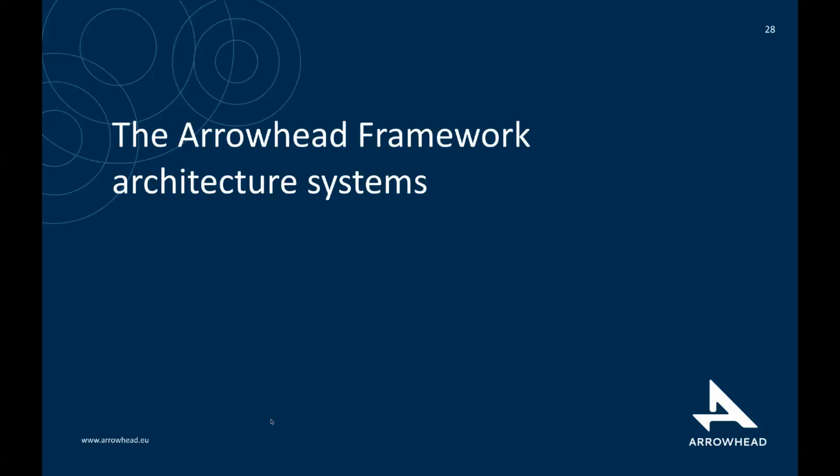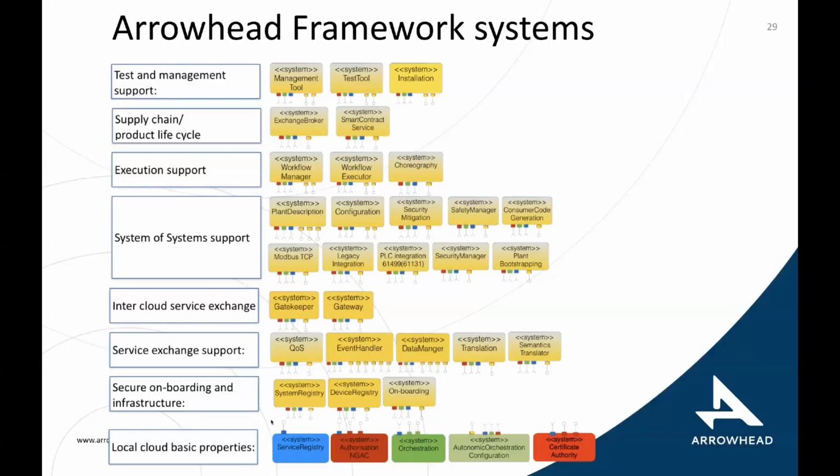So what do we have in technology? What's there? This is the big picture on what people are working on for various reasons today. From lower level, the local cloud basic stuff, security, service exchange support, inter-cloud service exchanges, system of systems support, execution support for production, for example supply chain, product lifecycle support, test and management support.